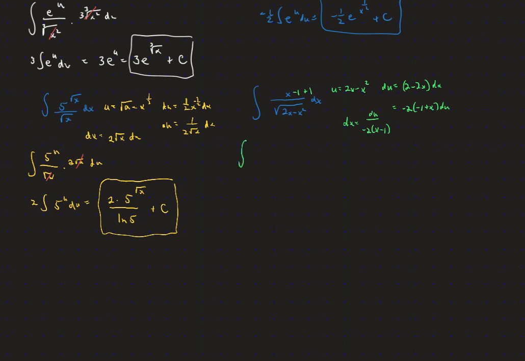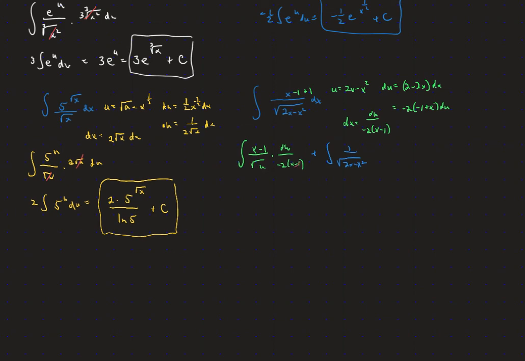So we're going to split it up now, and we're going to go x minus 1, square root of u, and the dx is our du over a negative 2 times x minus 1, and we're well on our way. But we're still going to have this other integral of the plus 1 over that square root of 2x minus x squared. We'll come back to that.